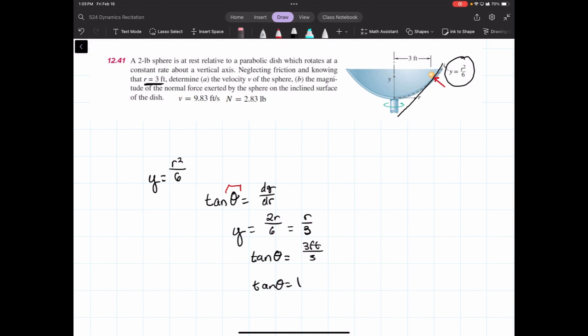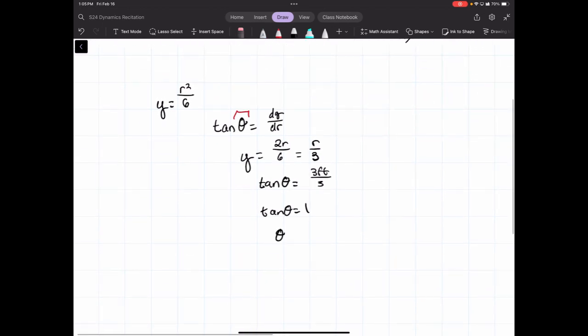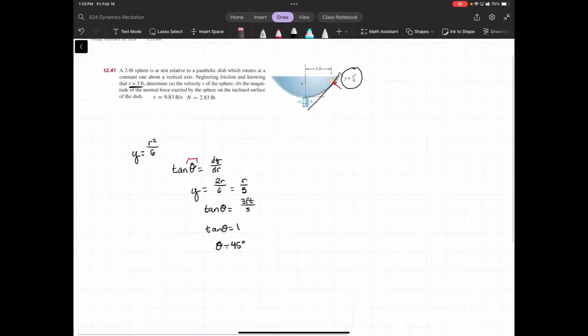And the angle that gives us tan theta of 1 is going to be 45 degrees. So then we know that this sphere is resting on a 45-degree angle surface at that point. So now that we know that, we can start to draw our free body diagram.